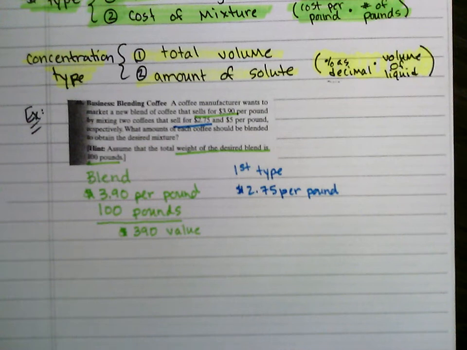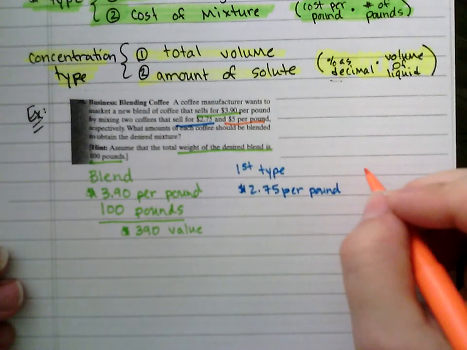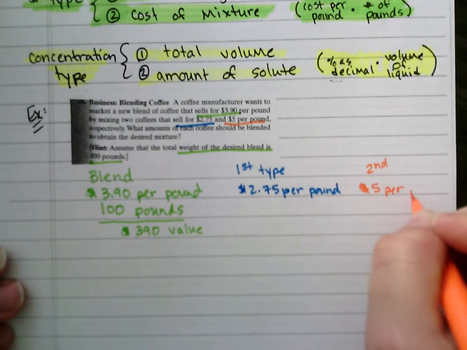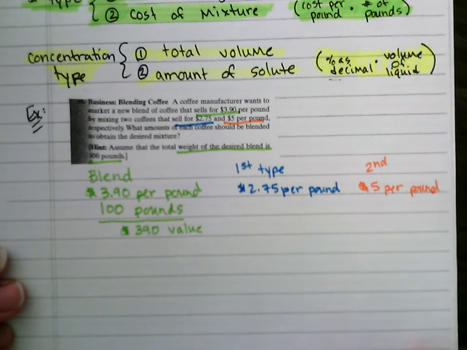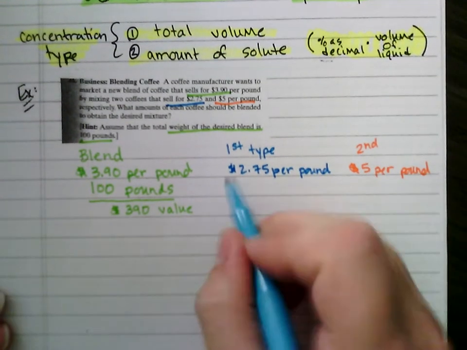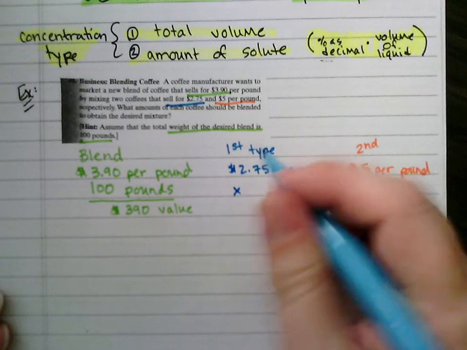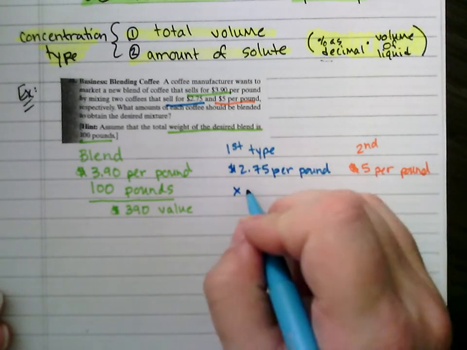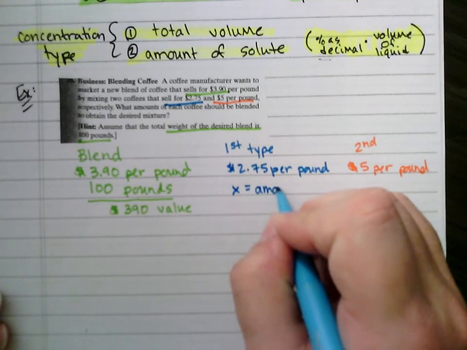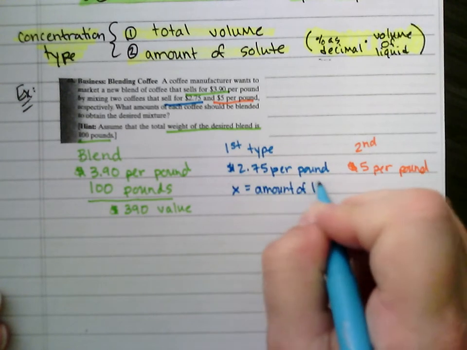And they don't tell us how much of it we have. The second type sells for $5 per pound. So let's just say we're going to use X for the amount of first type of coffee.